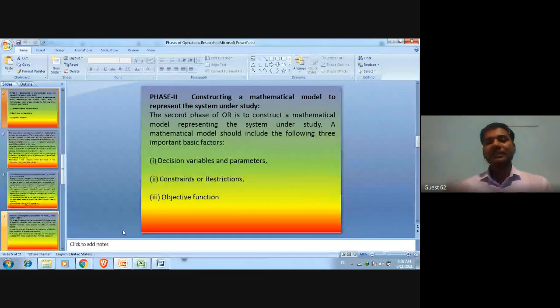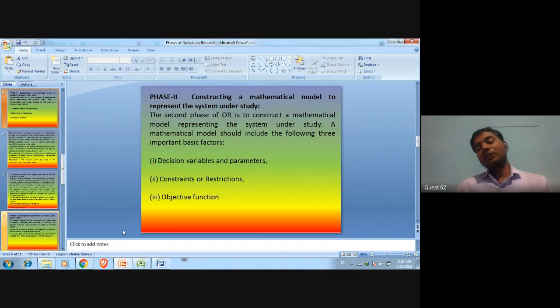By using these decision variables, we will try to get the objective function. And what is the objective function? The objective function is your organizational objective, for which you are doing activities, which is achieved by your activities.